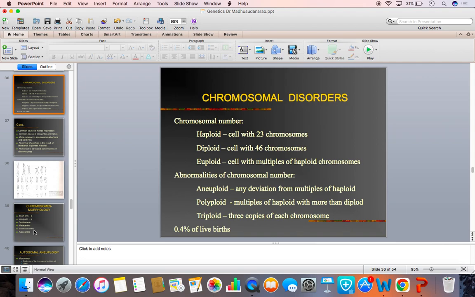Multiples of haploid with more than diploid is polyploid. What is triploid? Three copies of each chromosome in one cell is called the triploid state. It is seen in 0.4% of live births. You understood the definitions of various terms? Let's go ahead.